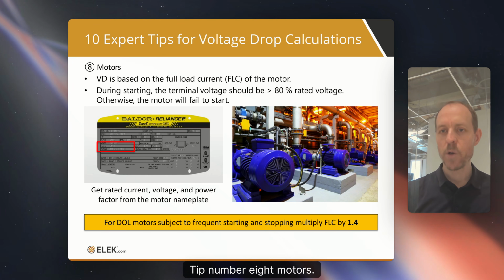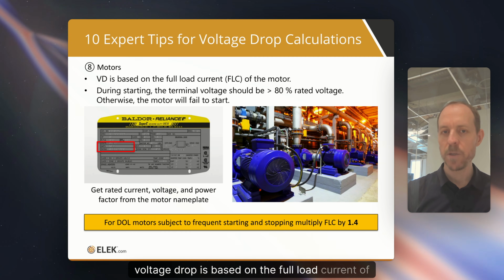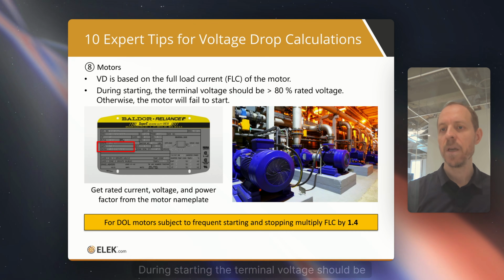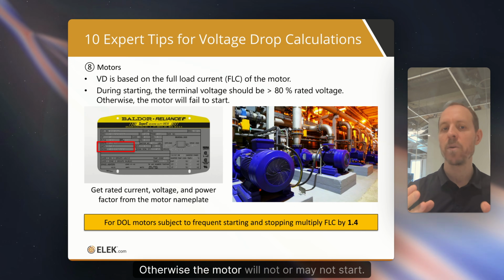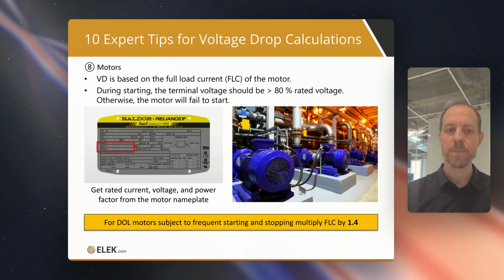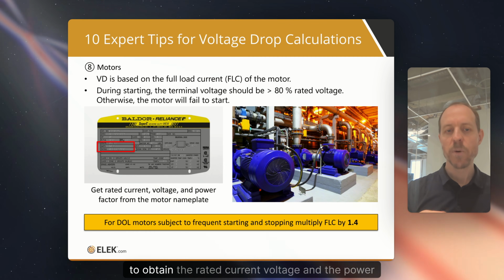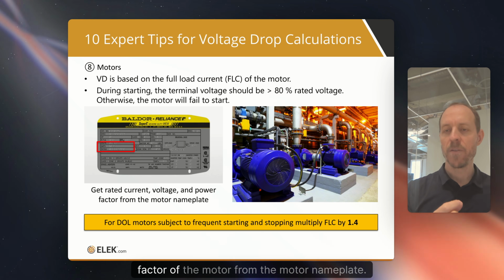Tip number 8, dealing with motors. Voltage drop is based on the full load current of the motor. During starting, the terminal voltage should be greater than 80% of the rated voltage. Otherwise, the motor may not start. So we should refer to the nameplate of the motor to obtain the rated current, voltage, and the power factor of the motor.